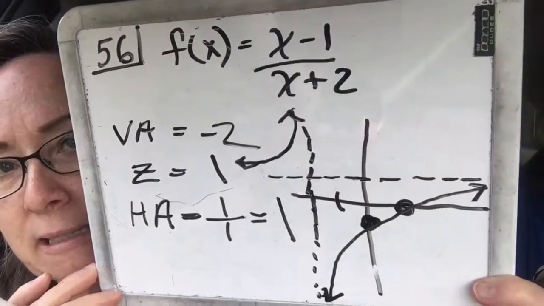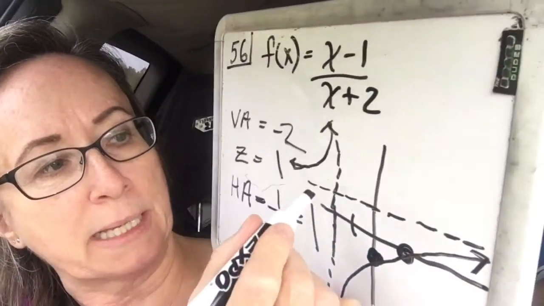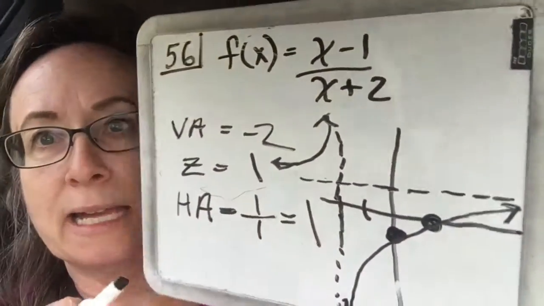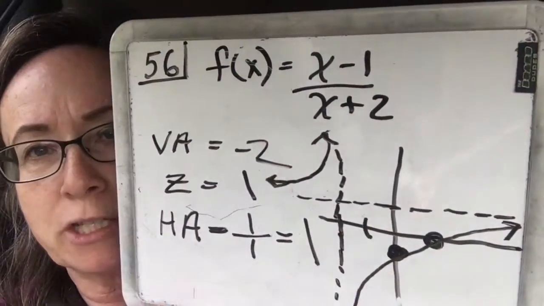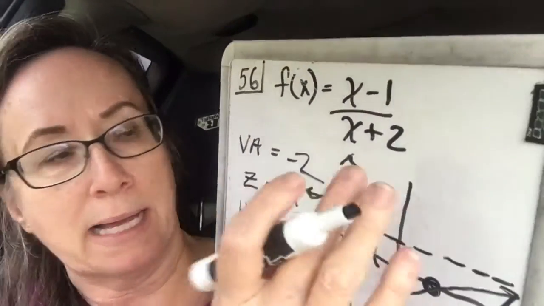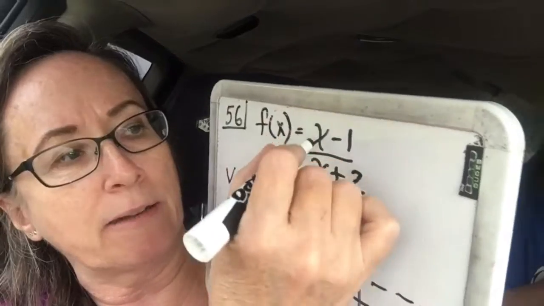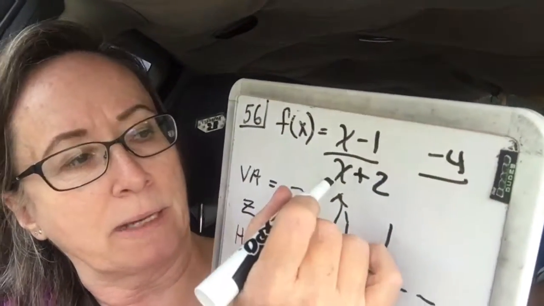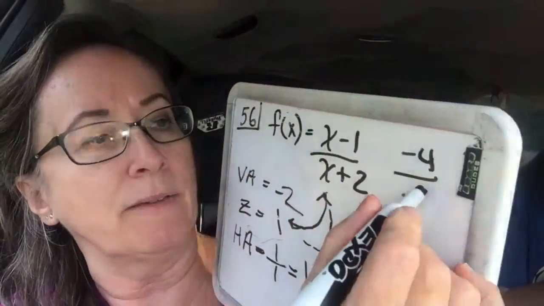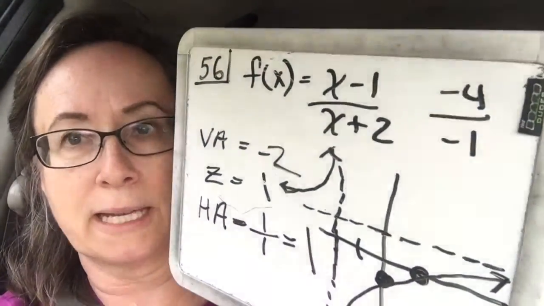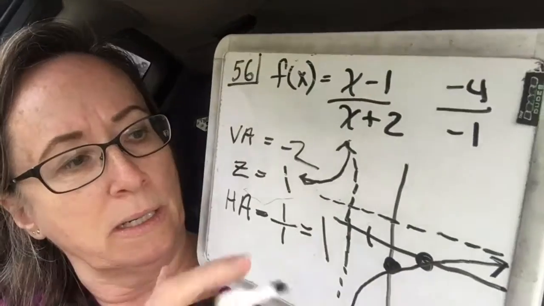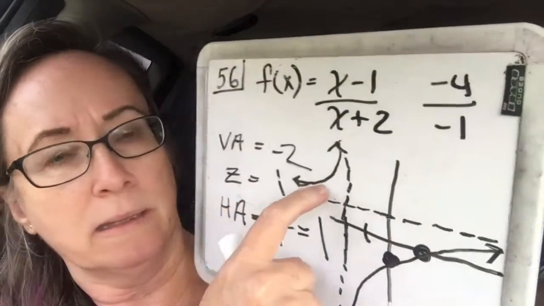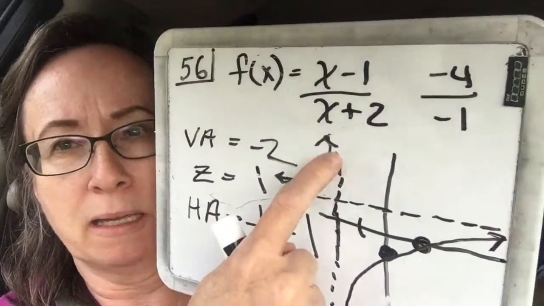Now on a test, I would want you to maybe plug in a point over here. So plug in a -3 and make sure that you do indeed have a positive value. If we plug in a -3, then we'd have a -4 on the top, and a -3 plus a 2 would be a -1, and a -4 over -1 is a +4, and that's what we are expecting it to be, positive.